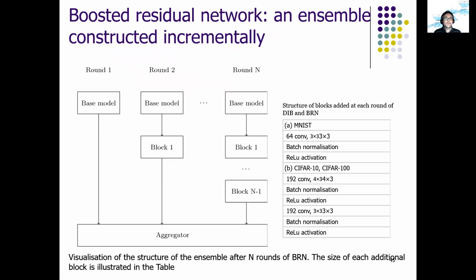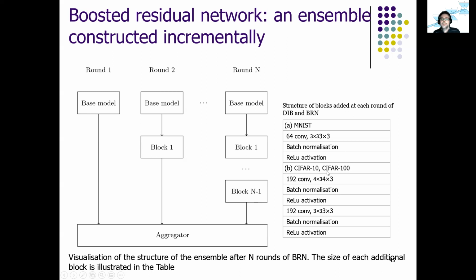Before answering that question, that's a schematic of how this deep incremental boosted ensemble would look like. So you have the base model, which was designed in round one, and then you have the second round of boosting. You have the base model plus the extra block. And at each round of boosting, you have the base model plus the extra blocks that you have produced, and you aggregate.